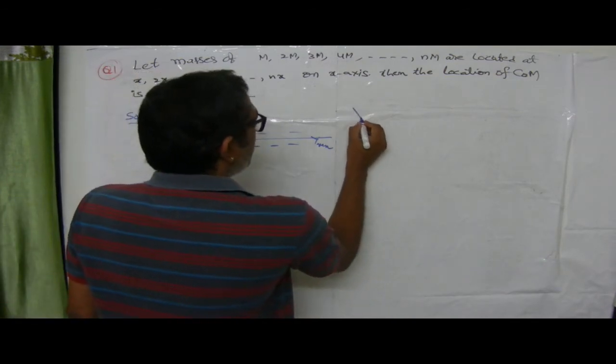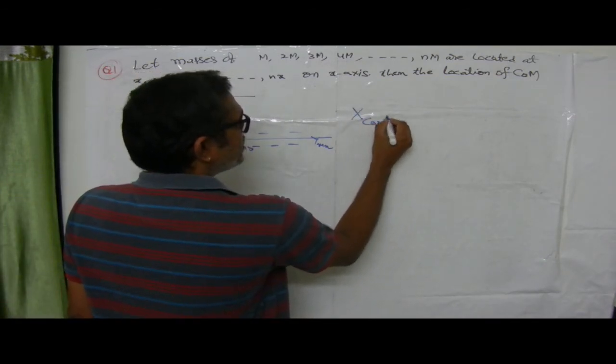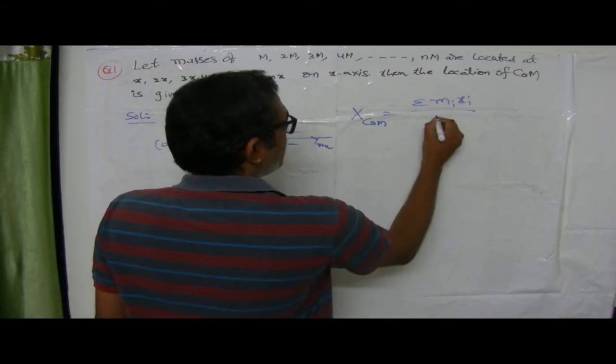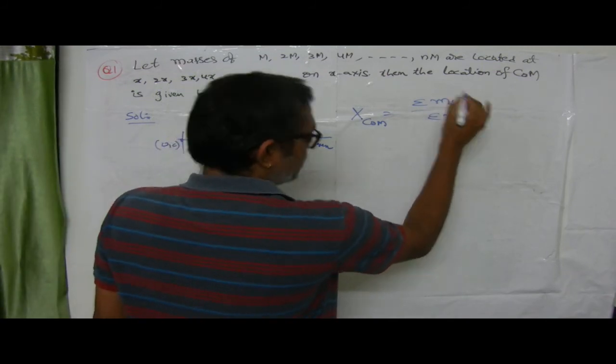Then the formula of the center of mass x_com is equal to sigma mi xi by sigma mi. This is the formula for this particular case.